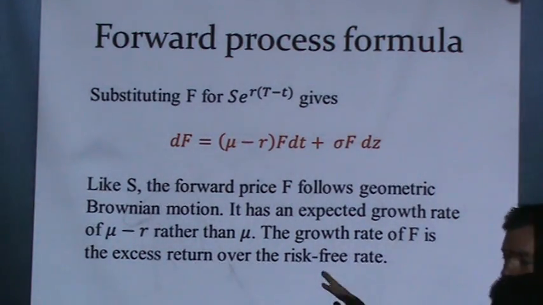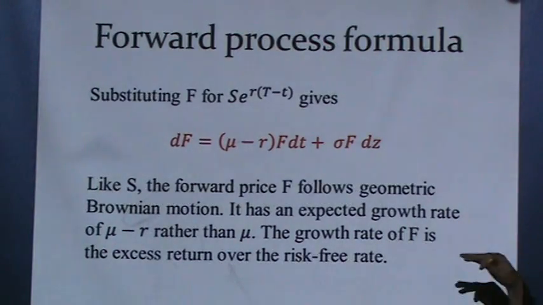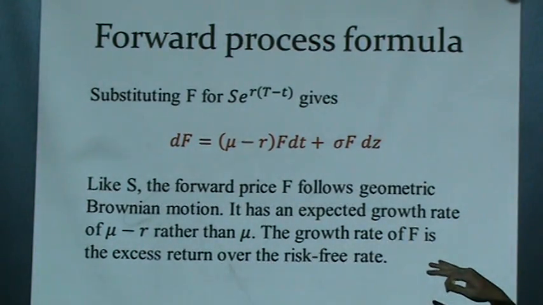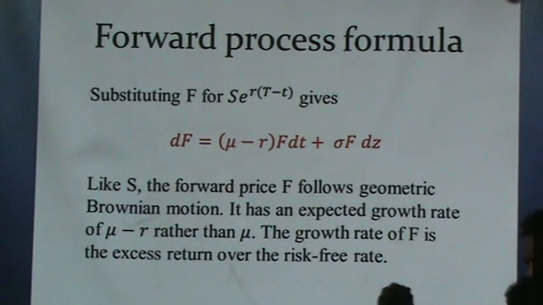Well, intuitively, before even looking at this equation, what would be the expected growth of a forward? The forward price originally, like in our original example, the stock price was 100 and the forward was set to 105. Now you let time start running. Would you expect it to go up from 105 or down from 105? What would be the expected change of it?